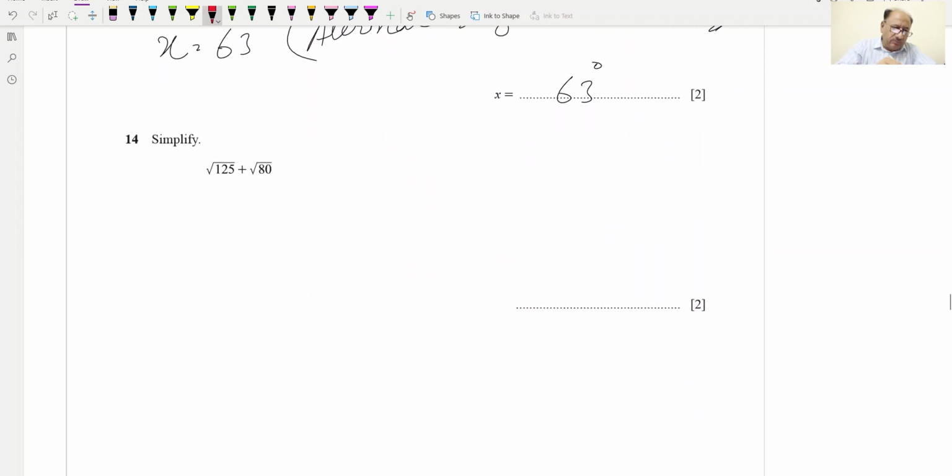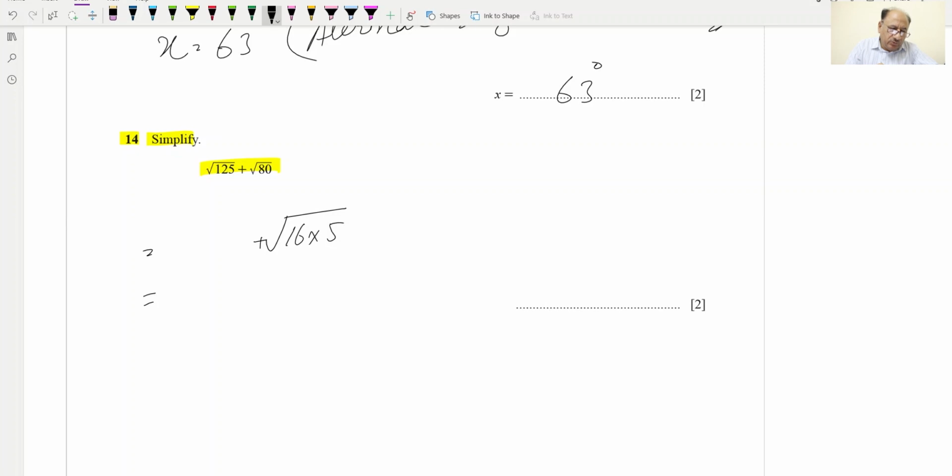Now question number 14 says simplify, and we have to simplify this. This can be written as the square root of 225 plus the square root of 16 into 5.